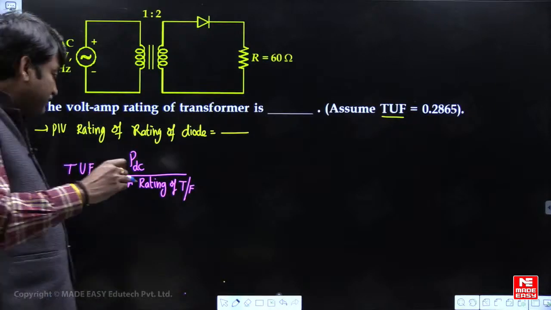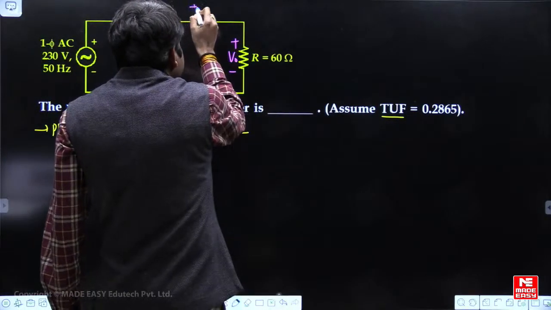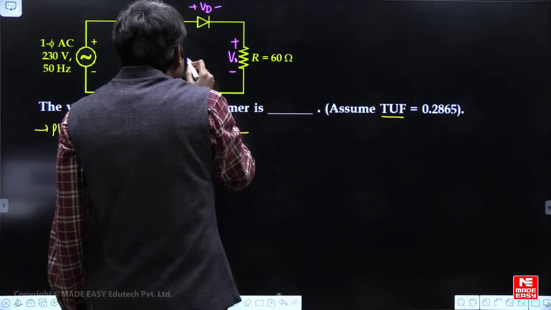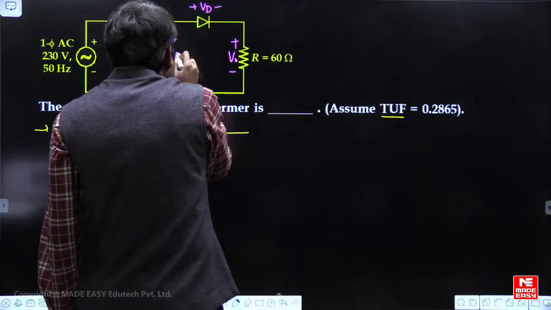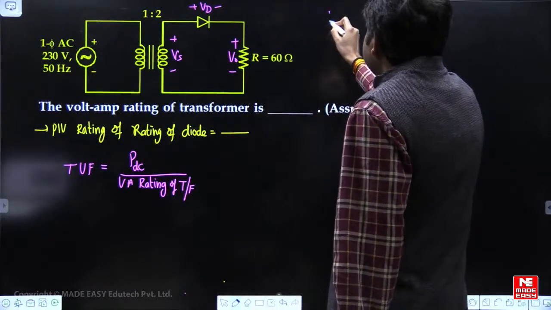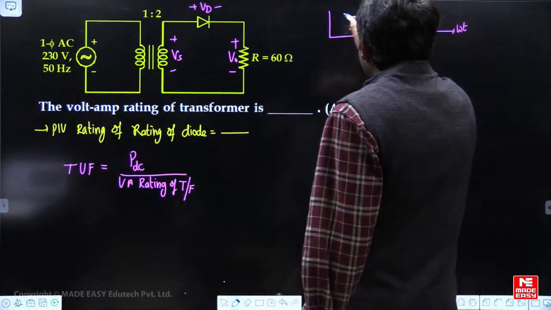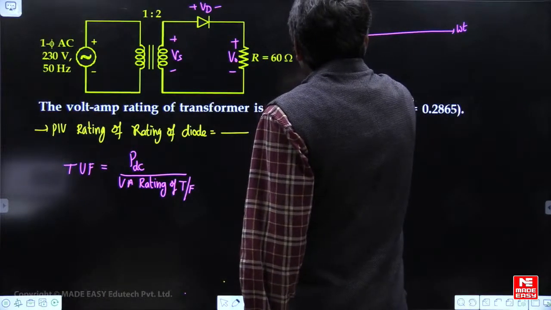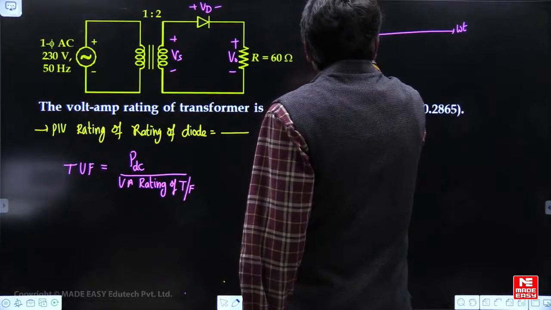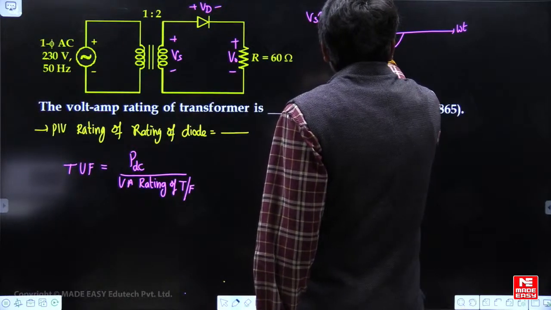See, what is the power due to the DC component? This is the output voltage, this is the voltage across the diode, this is our supply voltage. What is the waveform for the supply voltage, which is sinusoidal here? So what is the peak voltage of the AC supply?